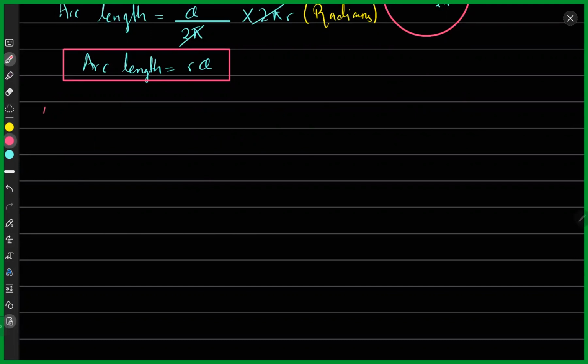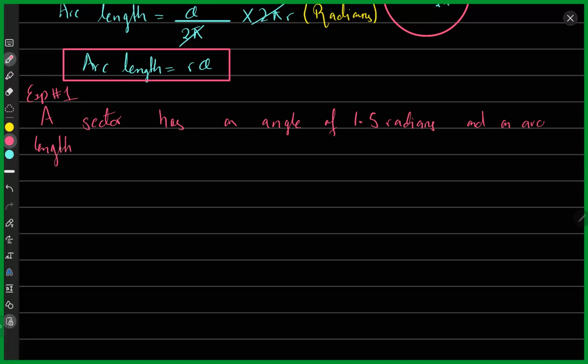It's example number 1 from the second unit. A sector has an angle of 1.5 radians and an arc length of 12 centimeters.